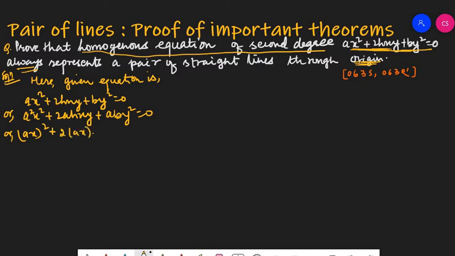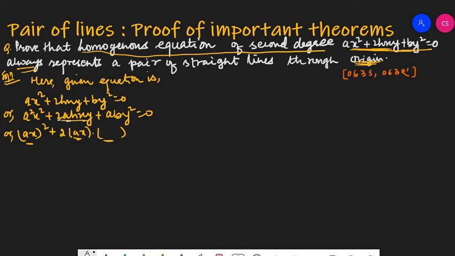So a square plus 2a. So what is the formula? Here we will use the a square plus 2ab plus b square formula. Okay, so this is a square plus 2a. Now b, how much should I keep so that I will get 2ahxy? Remember, I should write the b term in such a way that my equation should not change, and I should get b also. So 2ax already has been taken.